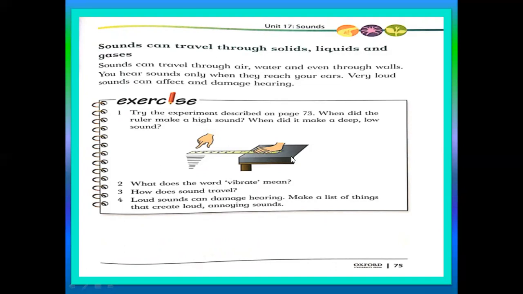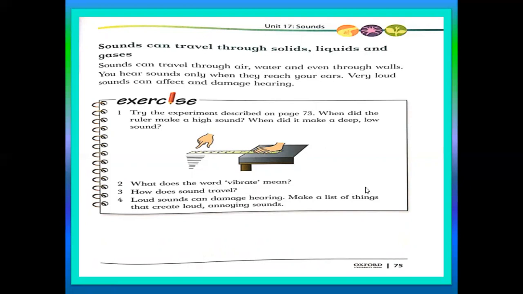It will produce sound. How? Because particles of this table are tightly packed, and when you hit one particle of the table, it can transfer force to another particle. The second one transfers force to the third, and the third to the fourth. In this way, sound can travel.